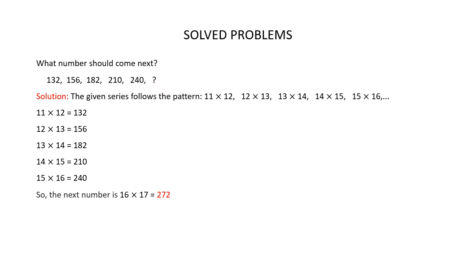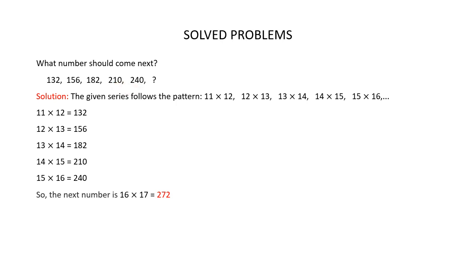When you observe these numbers in this number series, you will notice that there is a pattern. 11 multiplied by 12 is 132. 12 multiplied by 13 is 156. 13 multiplied by 14 is 182. 14 multiplied by 15 is 212. 15 multiplied by 16 is 240.